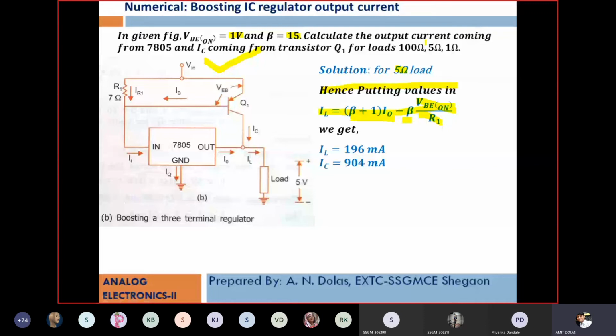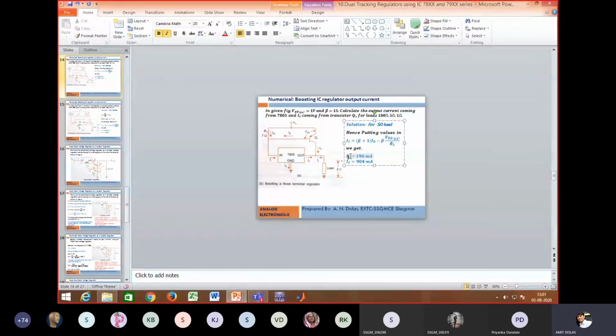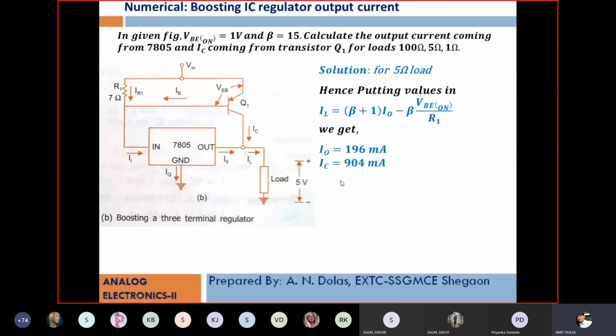Putting these values, you will get the value of I0, the current coming from the IC.